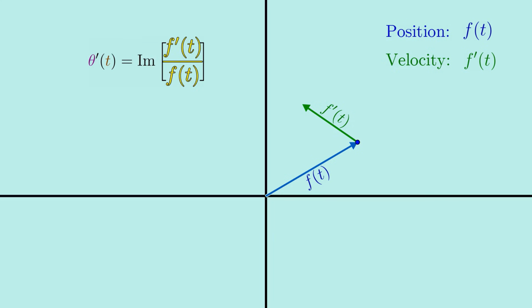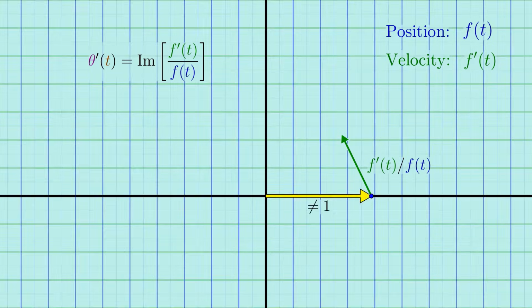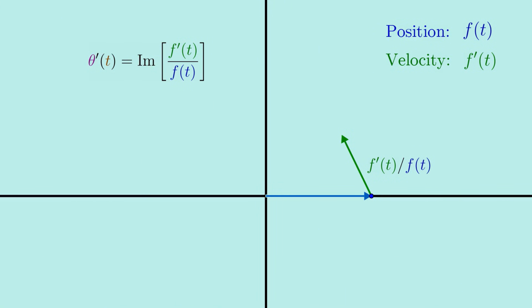So dividing f prime by f rotates the velocity vector backward by the position vector's angle. Now, since the position vector is presumably not a unit vector, dividing by it will also scale the velocity vector down by the magnitude of the position vector. But let's ignore that for the moment. Continuing with our formula, we then take the imaginary part, which grabs the vertical component of this rotated velocity vector.